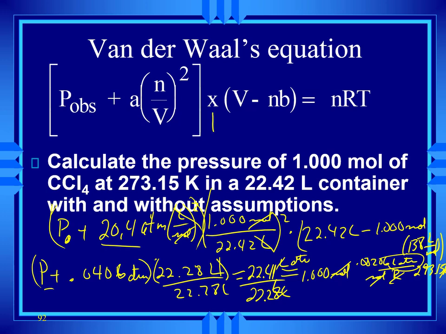So now I'm at, let's put it up top here, P plus 0.0406 atmospheres equals 22.41 divided by 22.28, oops, I multiplied, that won't work. It's 1.005 atmospheres.